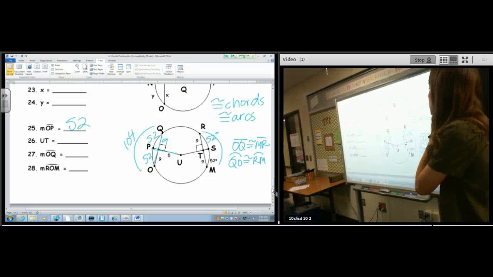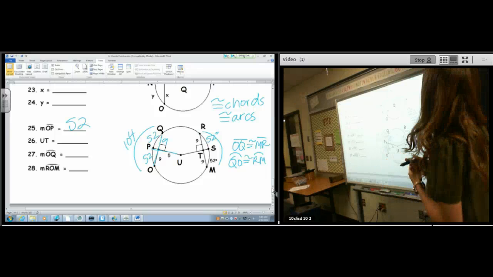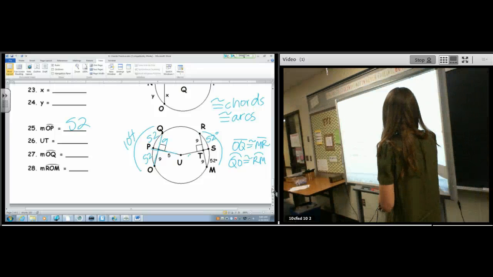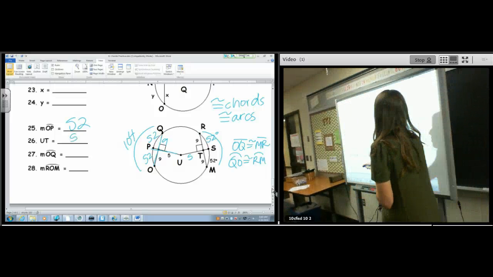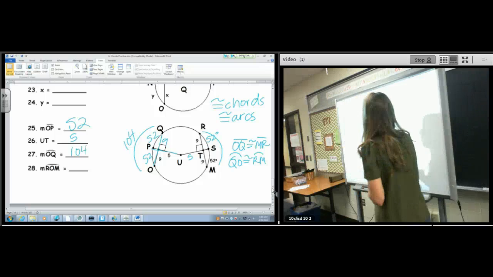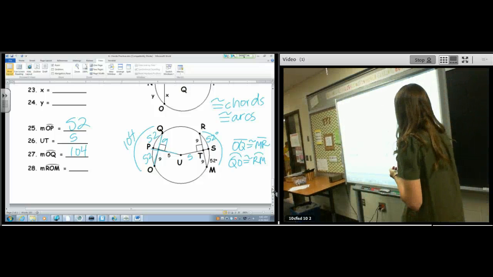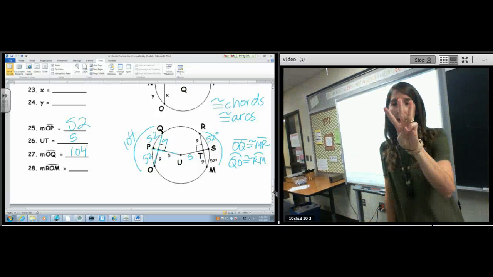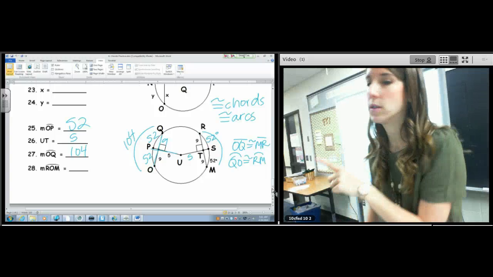UT is going to be the same as the other side because we've got a lot of symmetry going on here. So UT is also 5, OQ 104, and ROM. So, since there's 3 letters, it's a major arc, so you have to take the long way around.